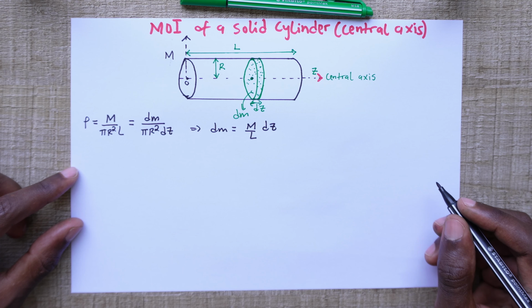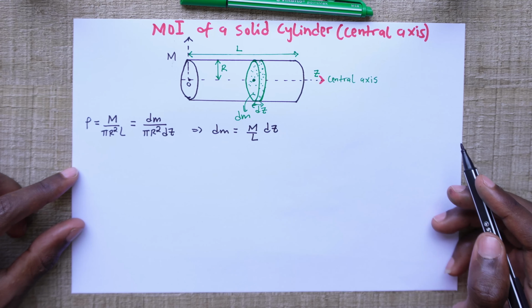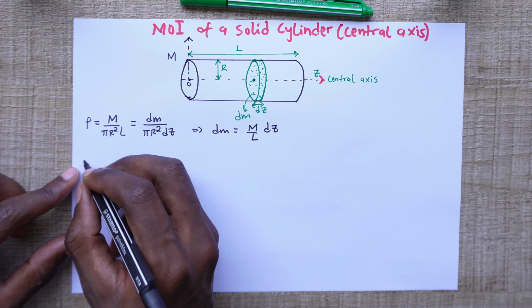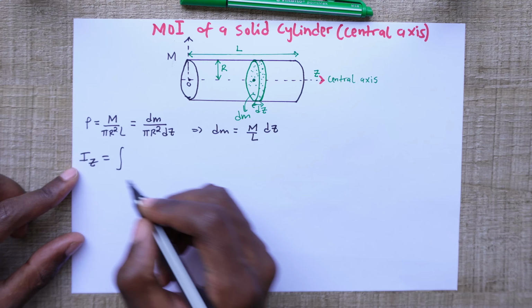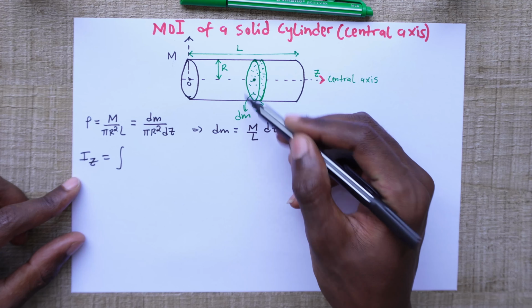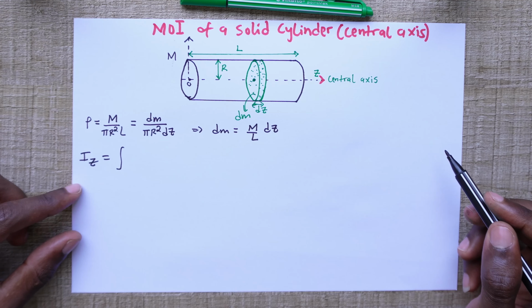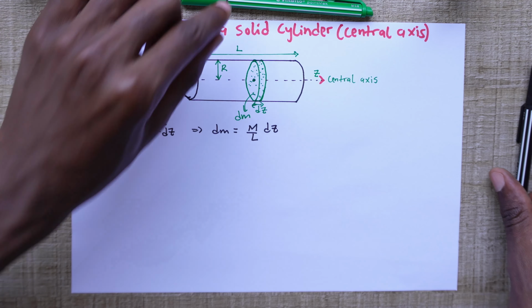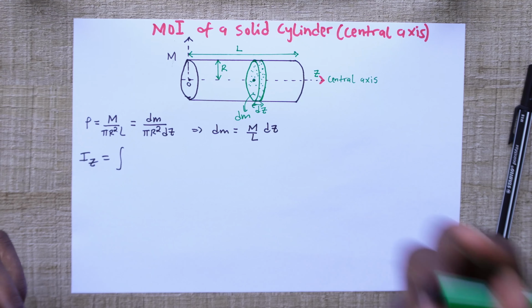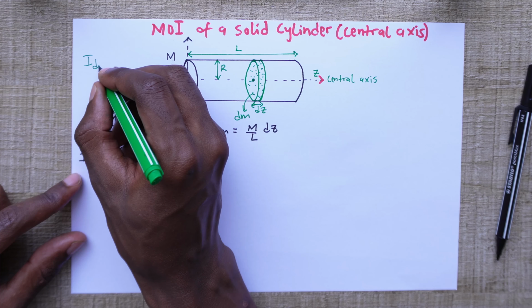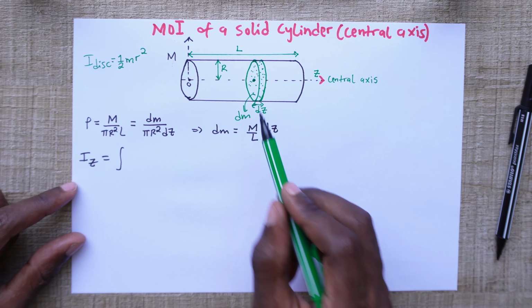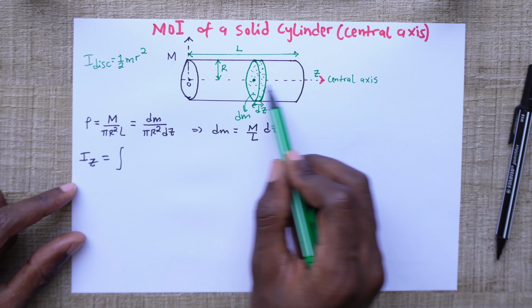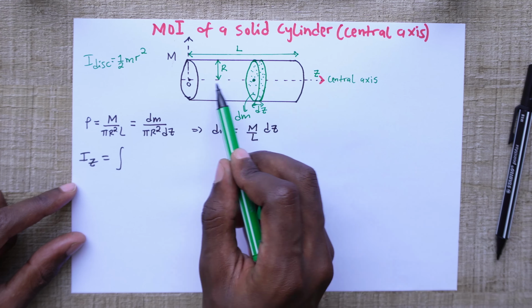Then what we need to do here is to calculate the moment of inertia of the cylinder. So we can say I of the cylinder about the z-axis is just the integral of the moment of inertia of this thin disk. But then you remember from a previous video that the moment of inertia of a disk is just half MR squared, about an axis passing through the disk and perpendicular to the plane of the disk.